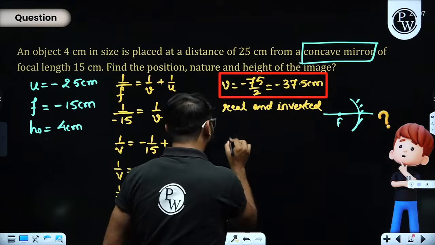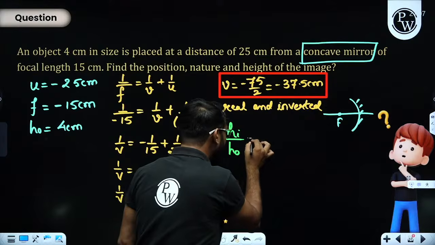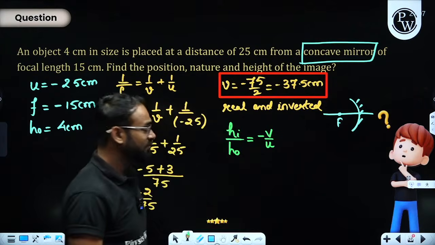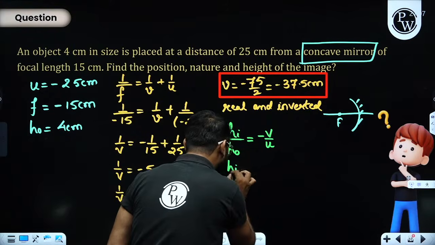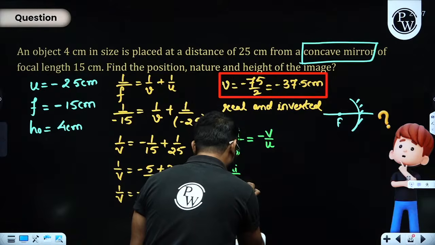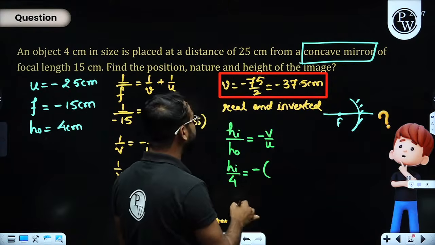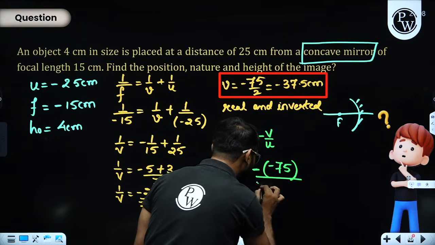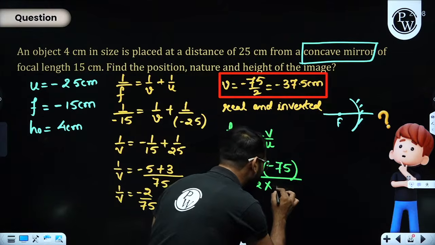Sir, you already told us a relation. Hi by Ho is equal to minus V by U. So Hi divided by height of object 4 centimeter is equal to minus, what is the image distance? Sir, minus 75 by 2. And object distance, sir, minus 25.